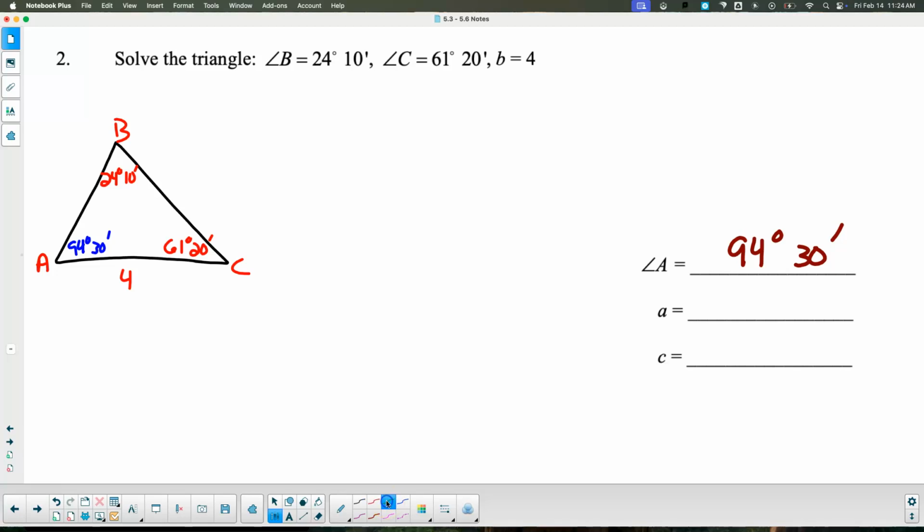So then we're going to have the sine of 94 degrees, 30 minutes, all over side A is going to equal the sine of 24 degrees, 10 minutes, all over 4.